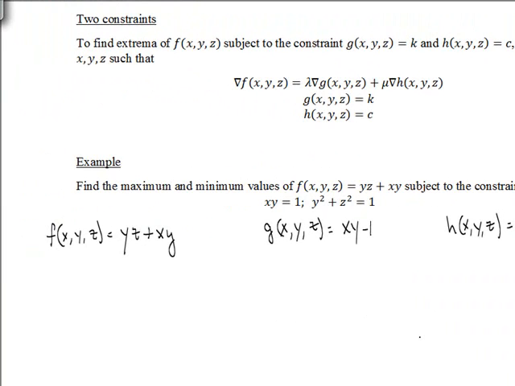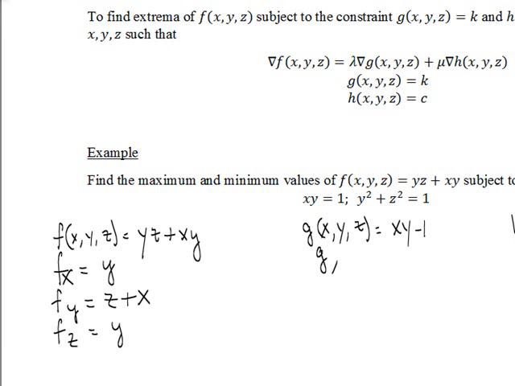Now you know what we have to do, right? What do you think we're going to do now? Partials. Find the first partials for all of them. Let's go. F with respect to x is y. F with respect to y is z plus x. F with respect to z is y.